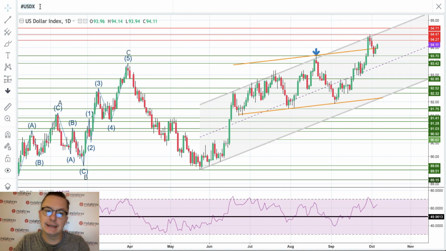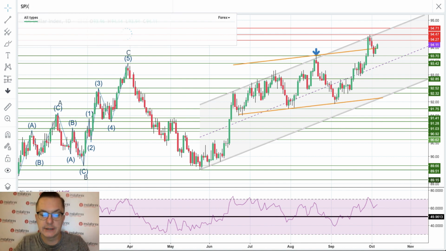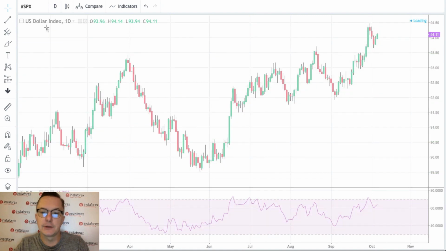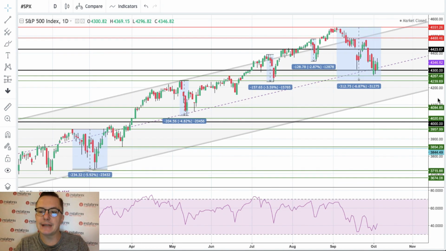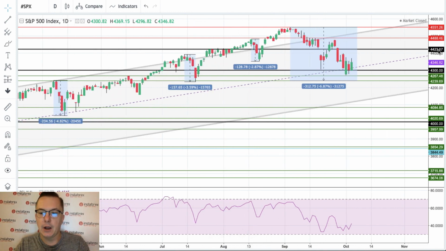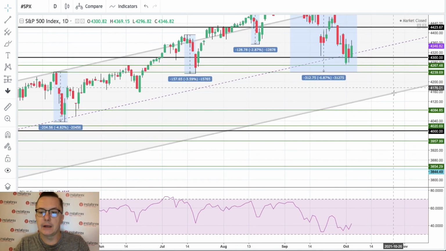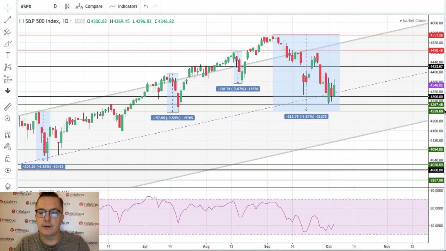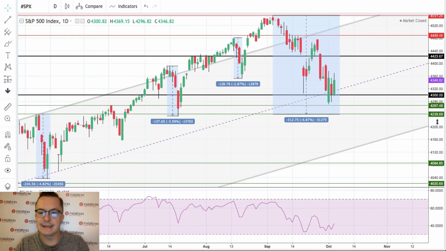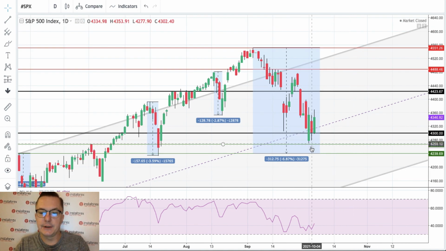If the US dollar index is going up, what is going on with the S&P 500? We have a test on the S&P 500 of the recent technical support. The level of 4,267 is the recent technical support, which is almost the last level of support before 4,239, which is actually very important.